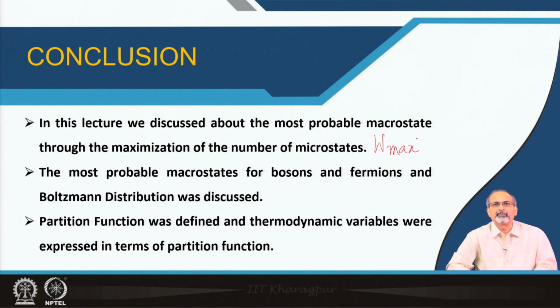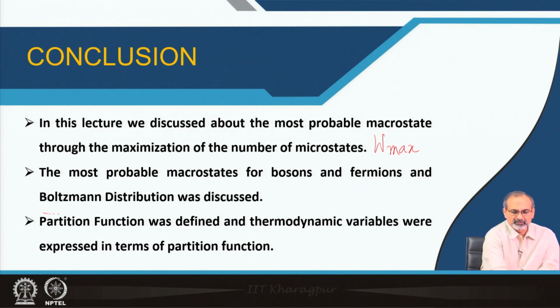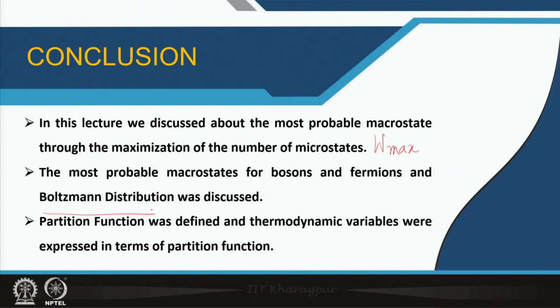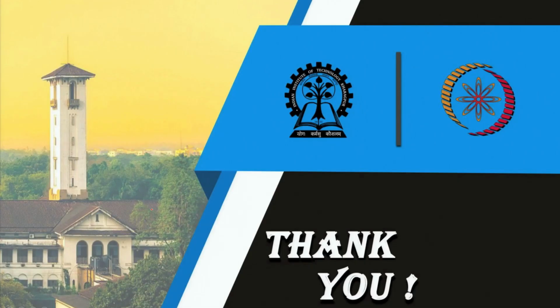The most probable macrostates for bosons and fermions as well as the Boltzmann distribution were discussed, and we saw that at normal temperatures, or generally higher temperatures compared to absolute zero, they both converge to a single distribution which is called the Boltzmann distribution. We then defined the partition function, and we also started demonstrating how different thermodynamic variables can be expressed in terms of the partition function. Thank you.